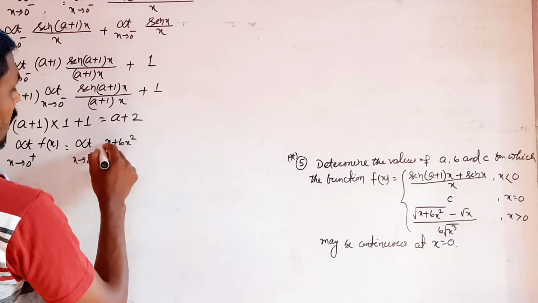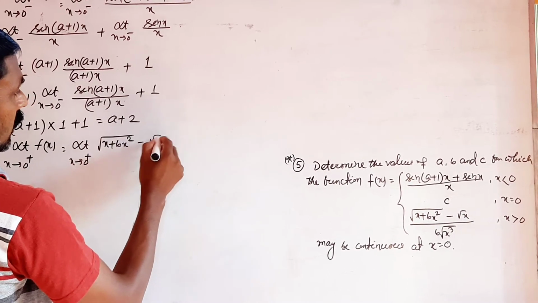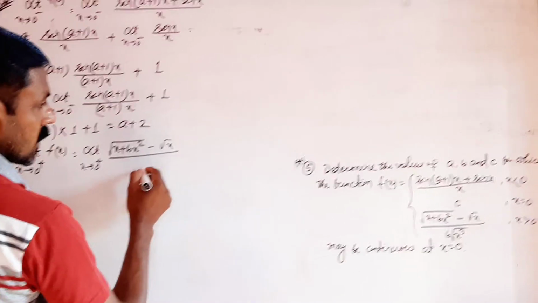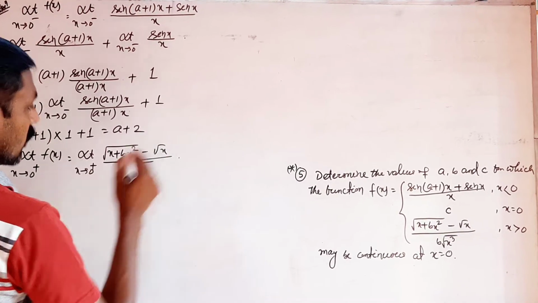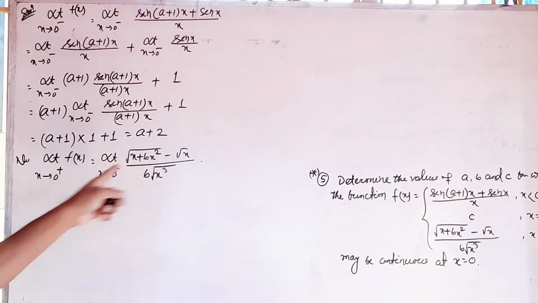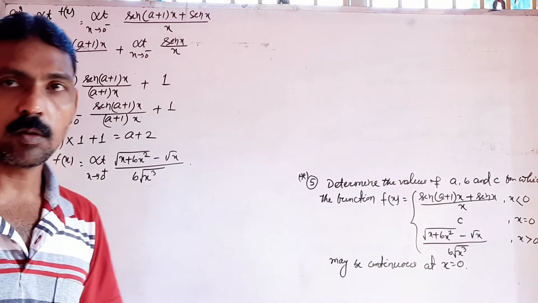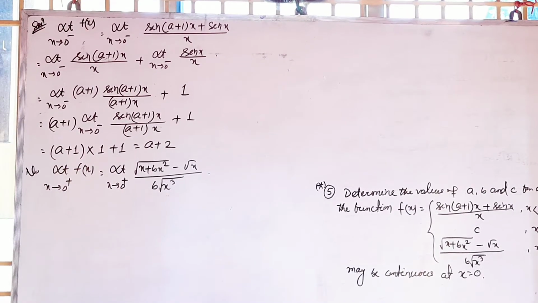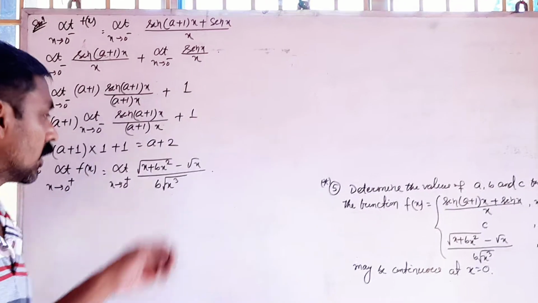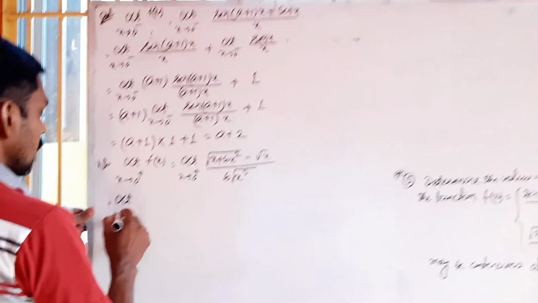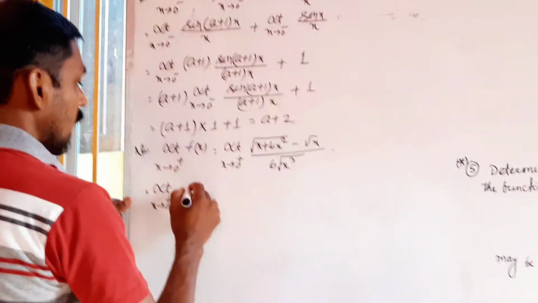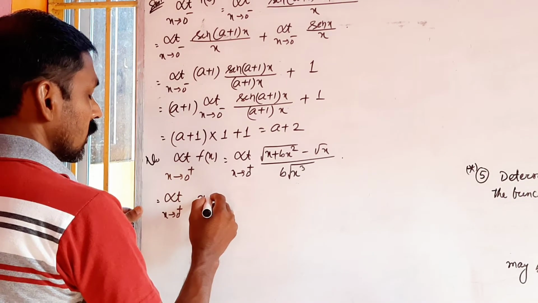Now here, limit x tends to 0 plus, it is root of x plus px square, whole root over minus root x by b x cube, root over. Now students, if you observe the numerator and denominator, what thing do you get in common? Root x. So first here you take x common.